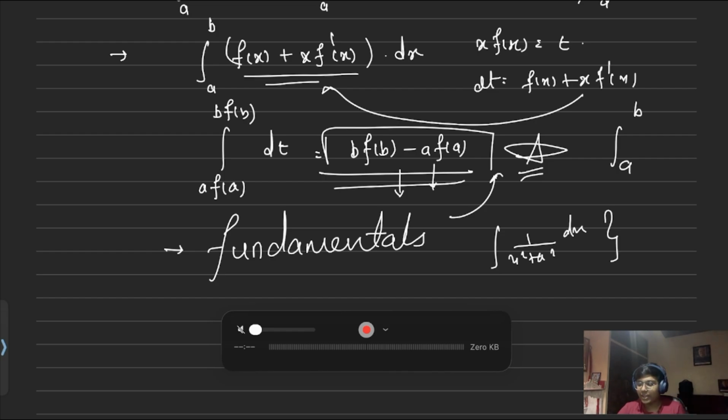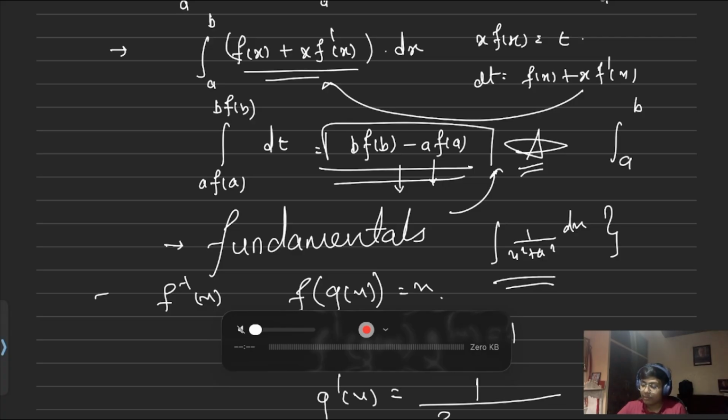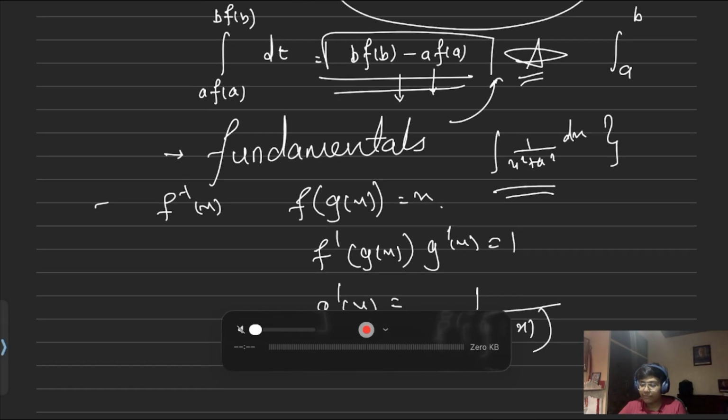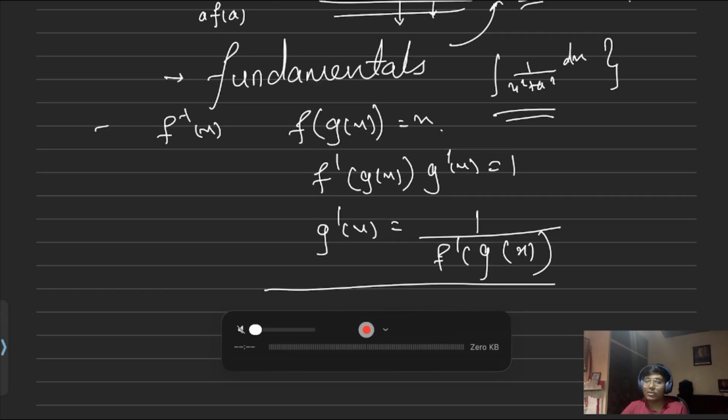But there are fundamental things like the derivative of f inverse of x: we write f of g of x equal to x, and then differentiate both sides, and ultimately we get g dash x is equal to 1 upon f dash of g of x. So these types of things should be kept in mind, or you may not, if you are good at pictorial memory. Otherwise there is literally no need to mug up or learn different scenarios according to the problems.